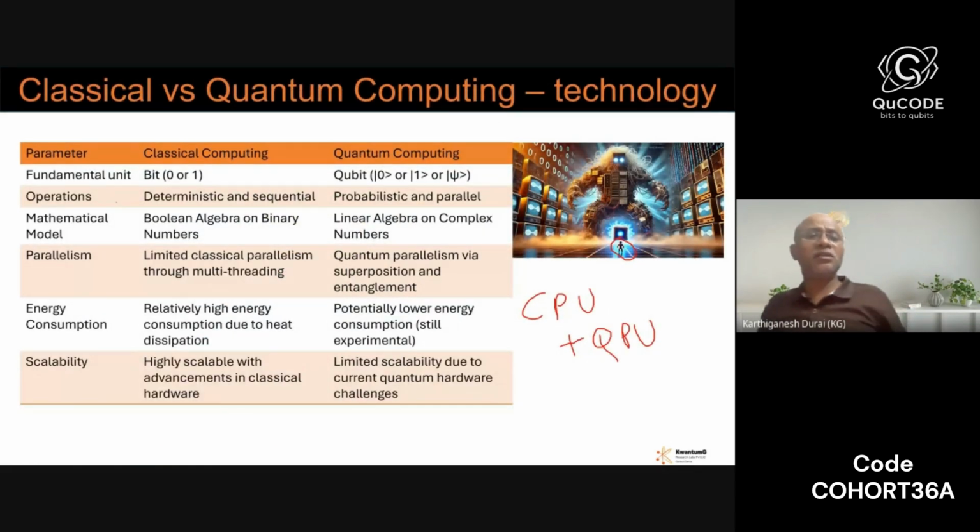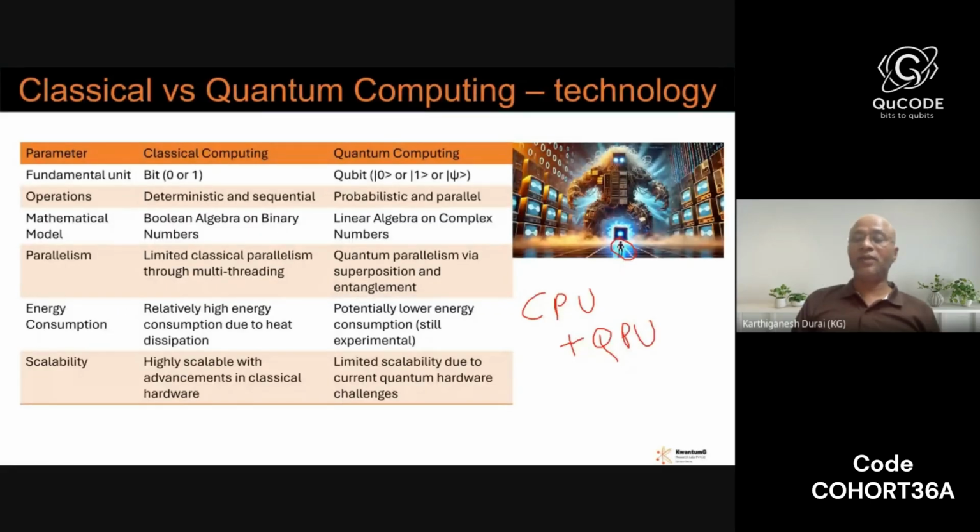This is a short introduction or comparison of classical and quantum technology. You can see here the quantum computer as of now is in the nascent stage, like a small baby compared to a monster like the classical computer.